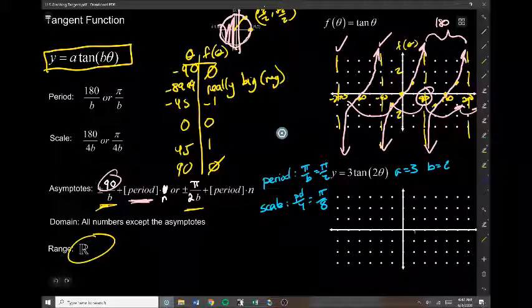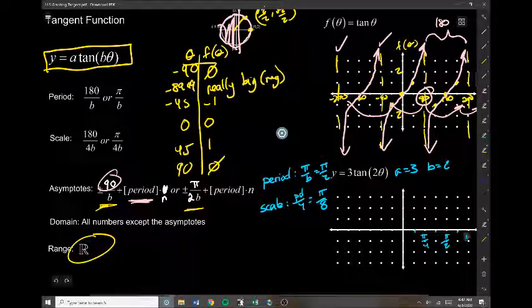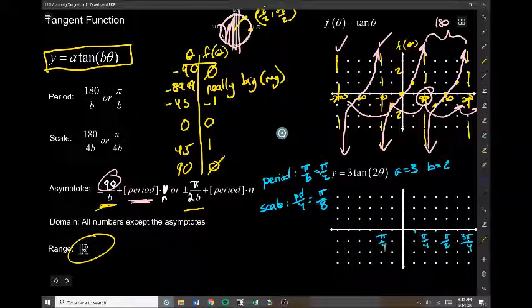So this would be 1 pi over 8, 2 pi over 8, 3 pi over 8, 4 pi over 8, which is just pi over 2, 5 pi over 8, 6 pi over 8 is 3 pi over 4. And this way, negative pi over 4, negative 2 pi over 4, which is just negative pi over 2, and negative 3 pi over 4.